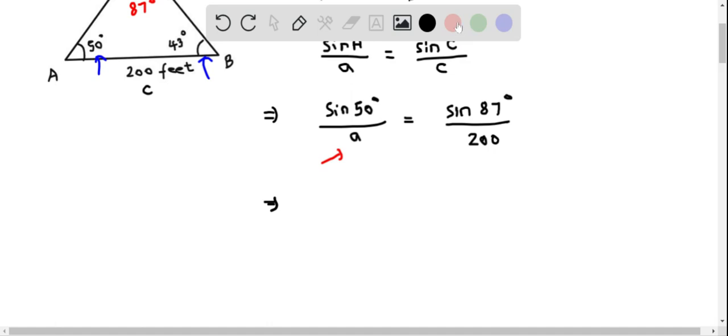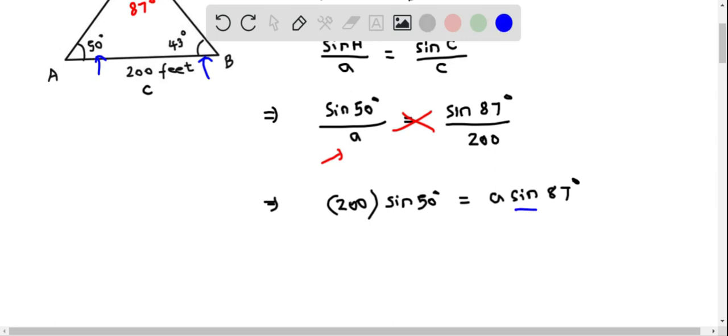I'm going to do the cross multiplication like this. When I do that, I get 200 times sine 50 equals A times sine of 87 degrees. And we have to divide both sides by sine of 87 so that we get A. And then I rewrite this A such that it comes to the left side.